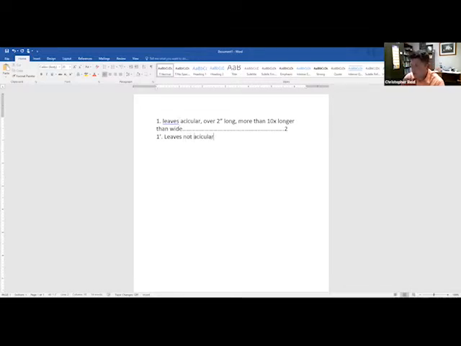I've got 2 choices here. Leaves not acicular. I can try and match it, or I can do the pre-approved cop-out.